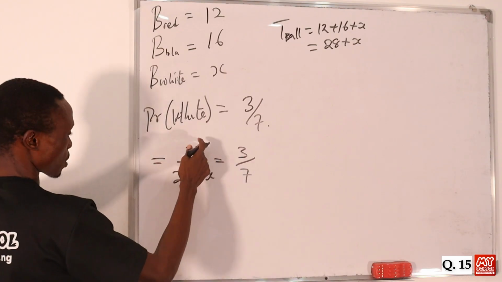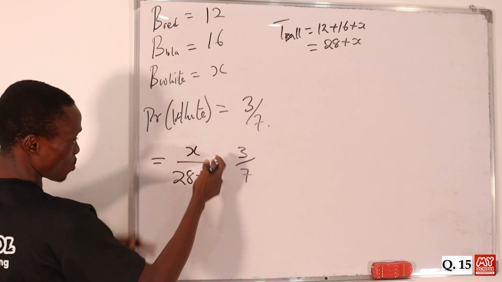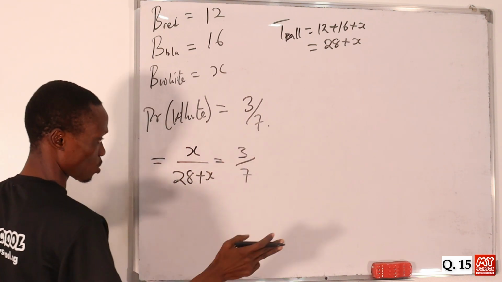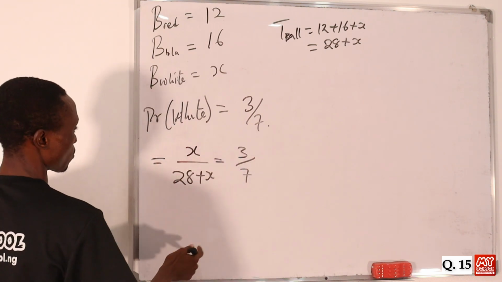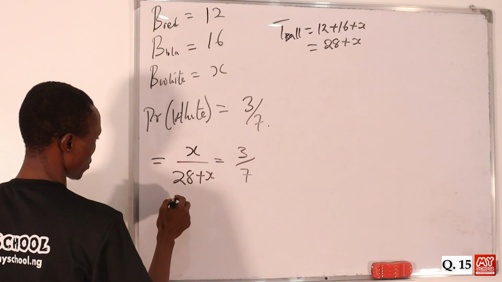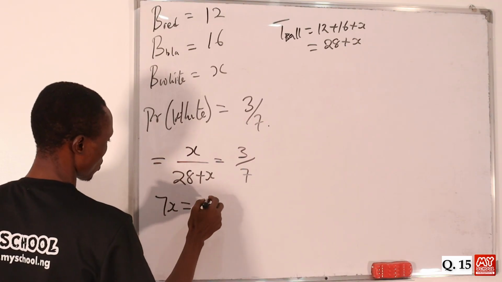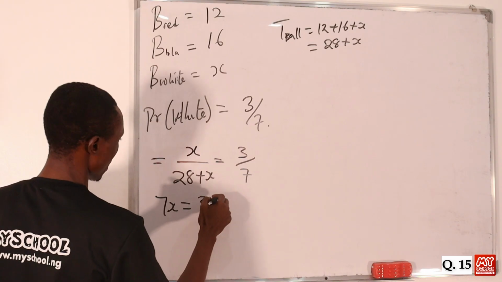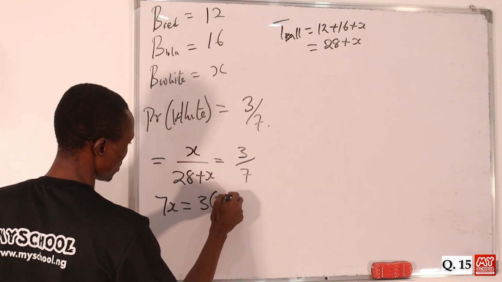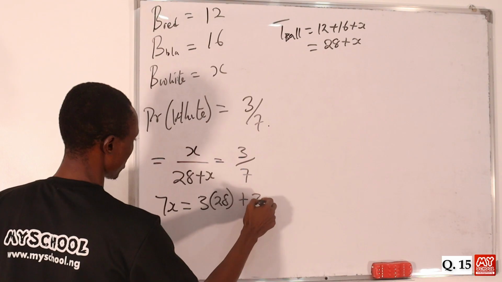So we just cross multiply since we are looking for the value of x and we are given two fractions that are equal to each other. So we cross multiply, okay? So you'll be having 7x, okay, is equals to 3 times 28, then plus 3x.